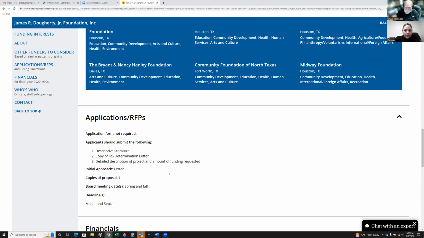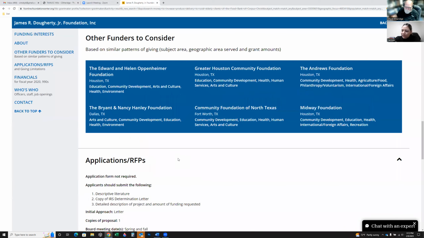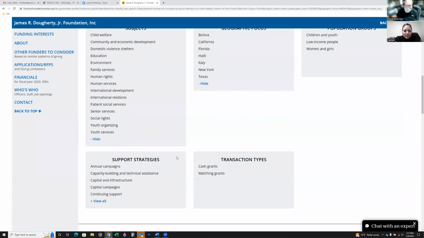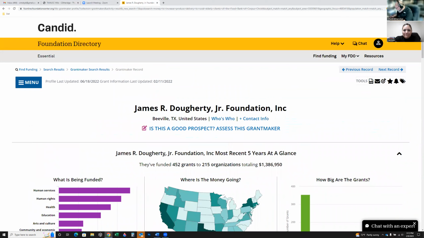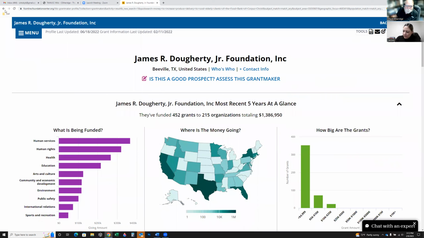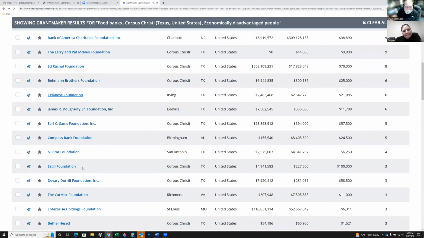So basically, you write them the grant and send it to them. So I think it's a possibility, but you have no guidance. So we've identified three. Let's do one more.